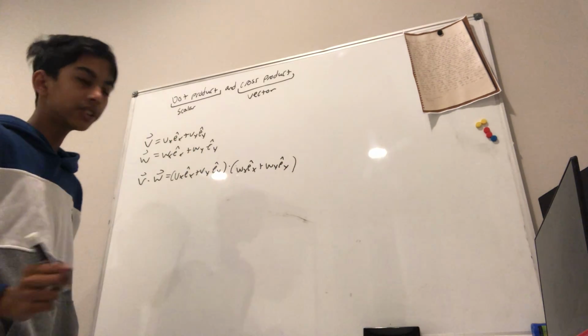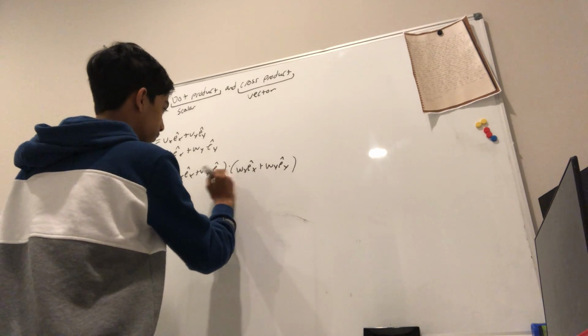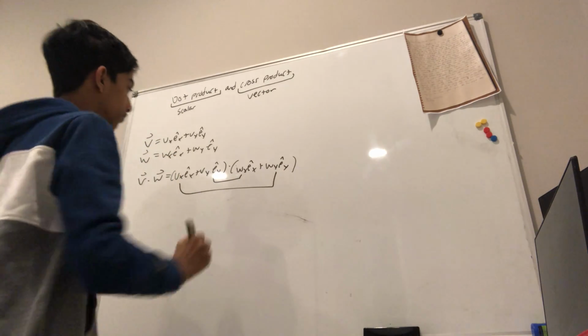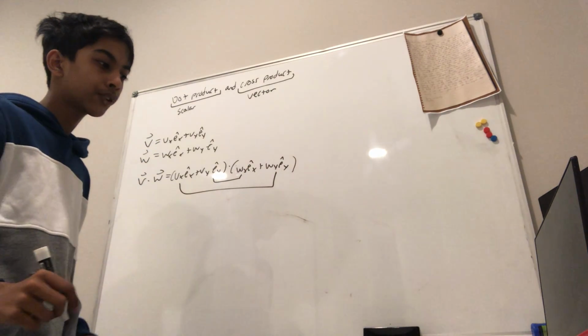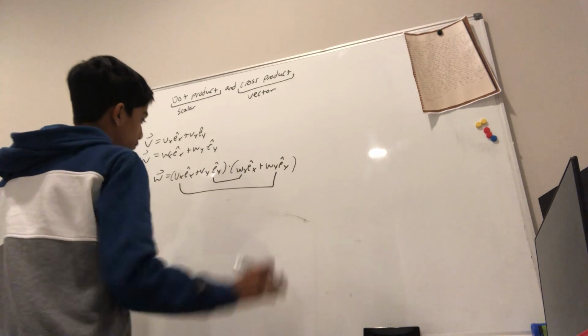Well, as you can see, all of these cross terms, so this one and this one, and this one and this one, go to 0, because since they're different vectors, the Kronecker Delta makes it so that, and since x doesn't equal y, these terms will just go to 0.